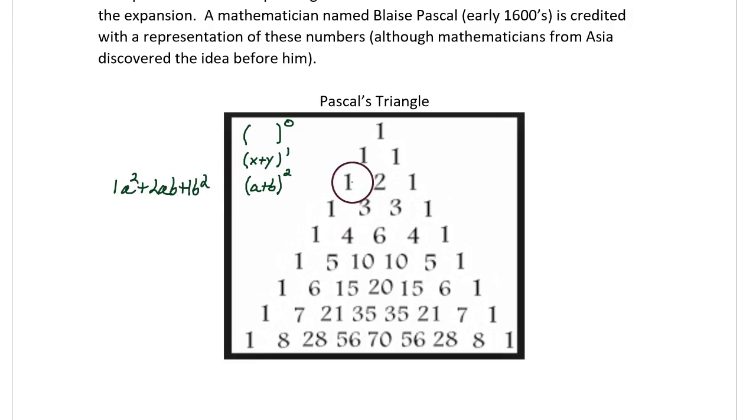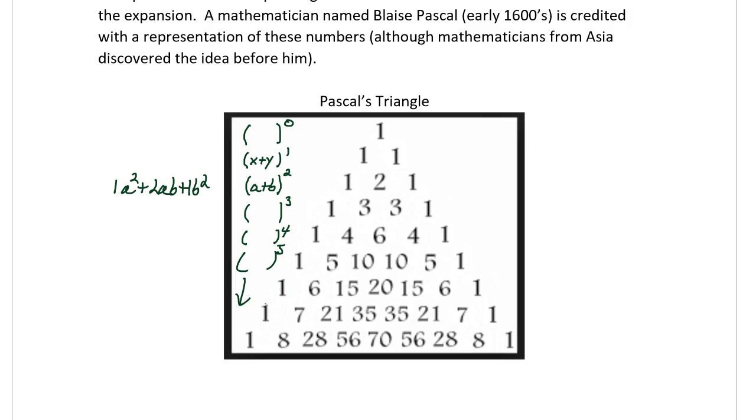And look at Pascal's triangle, 1, 2, and 1. Now this next row will be when you have a binomial and you cube it. The answer is going to have 4 terms, and the terms will have the coefficients 1, 3, 3, and then 1 again. So this one here will be whenever you go to the 4th power, and this row here will be whenever you go to the 5th power, and so on going down.